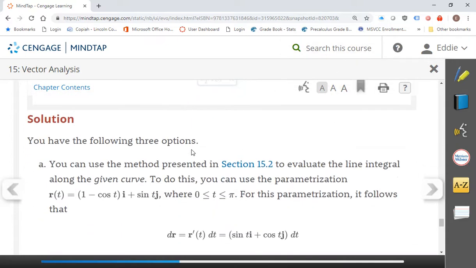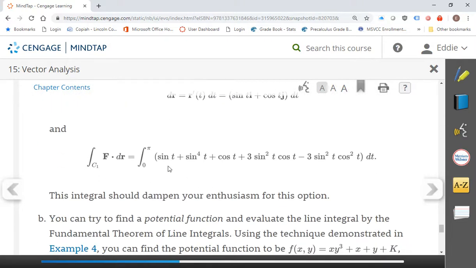So you can find your dr, then dot it with the vector field, and it said in your t they bound between 0 and pi. And look what you have to integrate.